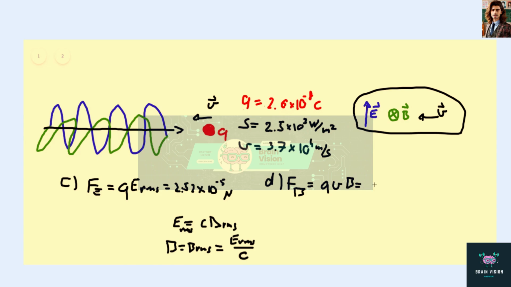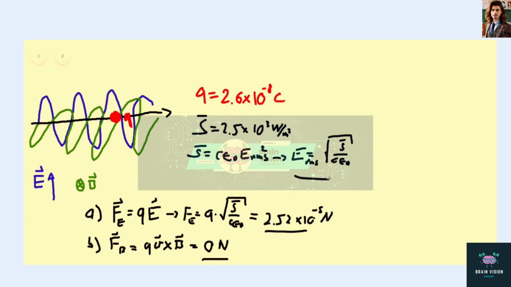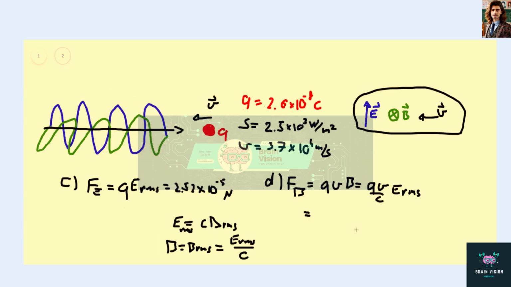And so we can put all these values in now, and it's Q times V times E_rms over c, which, substituting in the value for E_rms from this part over here, is just going to be Q times V over c times the square root of S bar over c times epsilon 0.